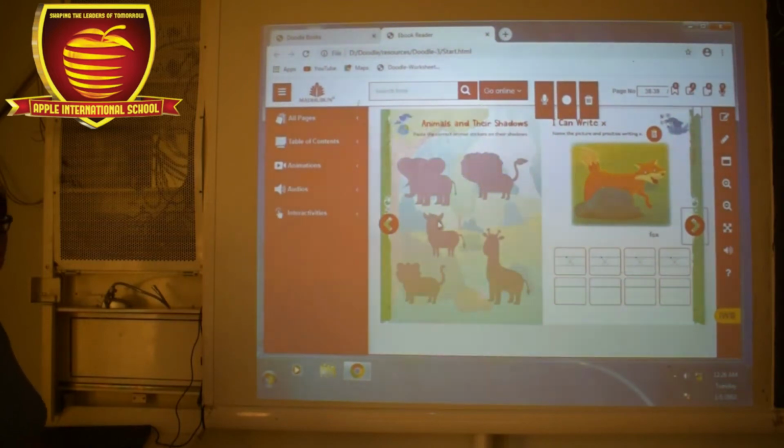Fox, F-O-X, fox. Paste the sticker. Name the picture and practice by writing letter X, F-O-X, fox. Trace letter X, then write in proper lines.